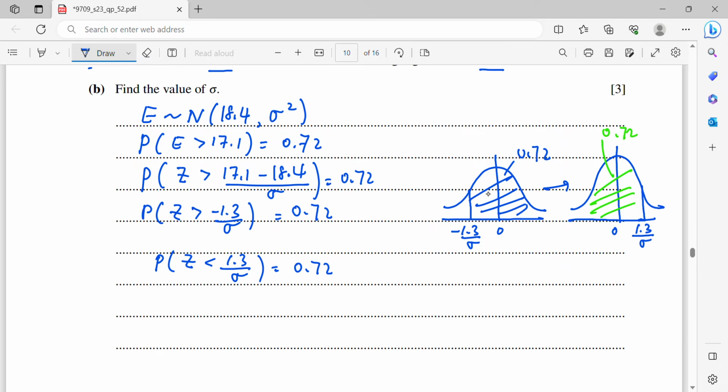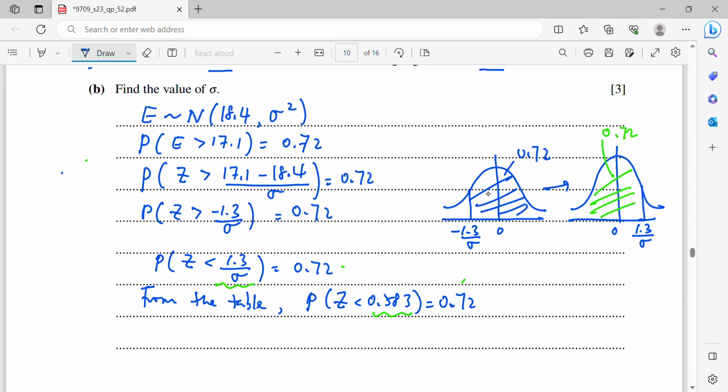Okay, now from the normal table, I will just write from the table. P(Z < 0.583) will be 0.72. So now I will compare 1.3 over sigma with 0.583, because the rest are the same.